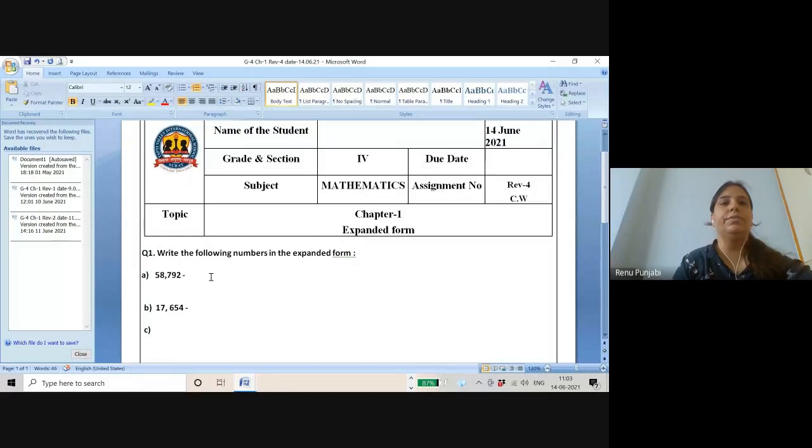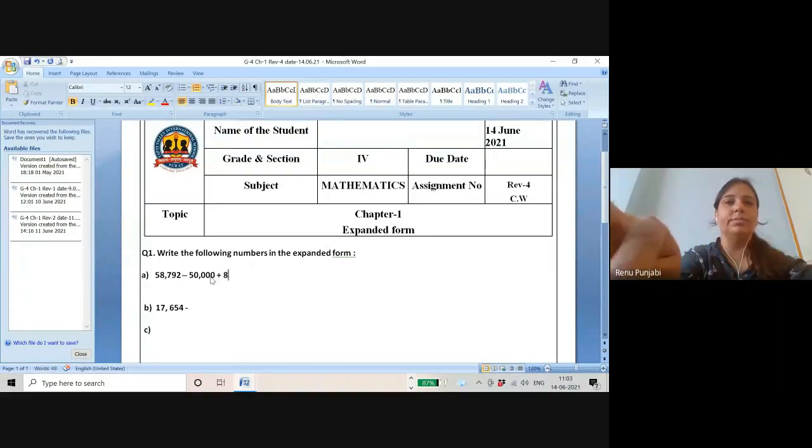This number is 58,792. When you expand this number based on the place values, how will you expand it? 50,000 plus 8,000 plus 700 plus 90 plus 2. The plus sign will come because we are expanding the number.